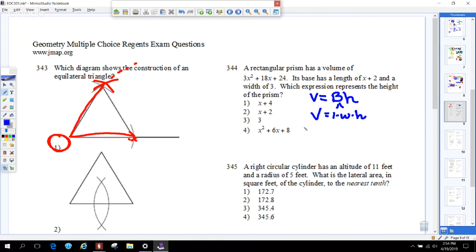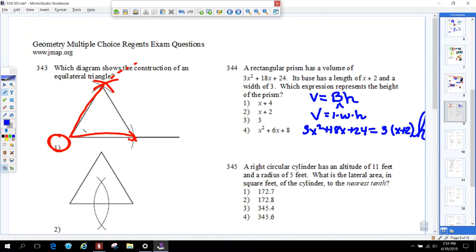It tells you that the volume is 3x squared plus 18x plus 24. It tells you that the length is 3, and you have x plus 2, and we're trying to find our height, which I made h like that.